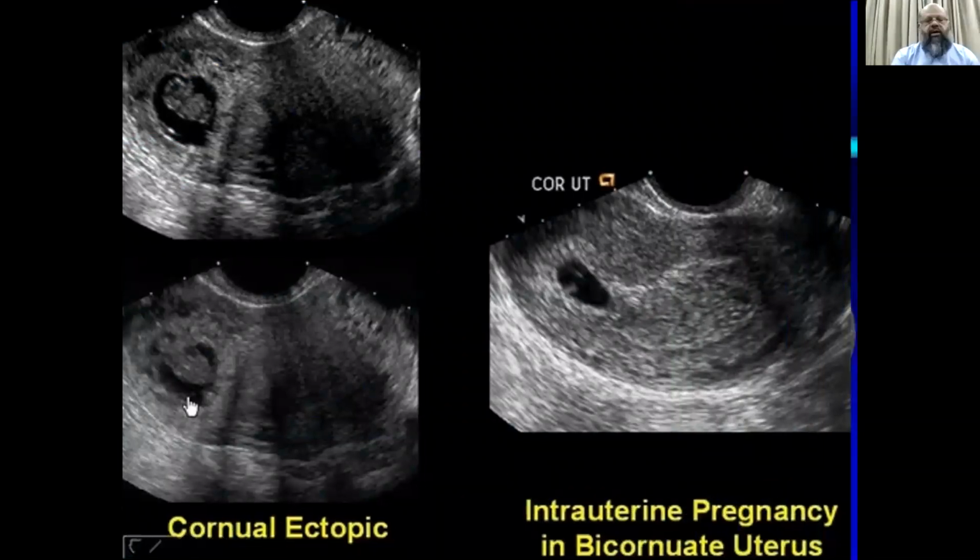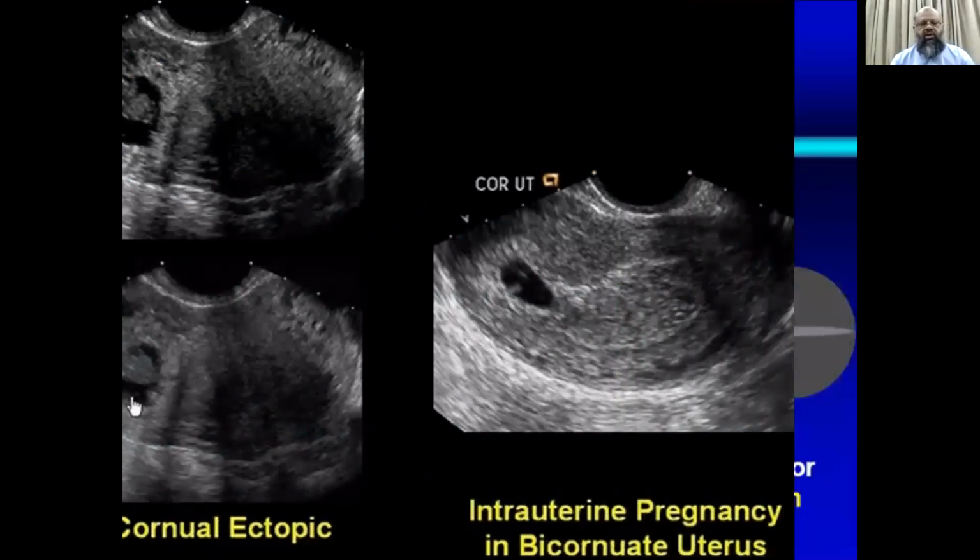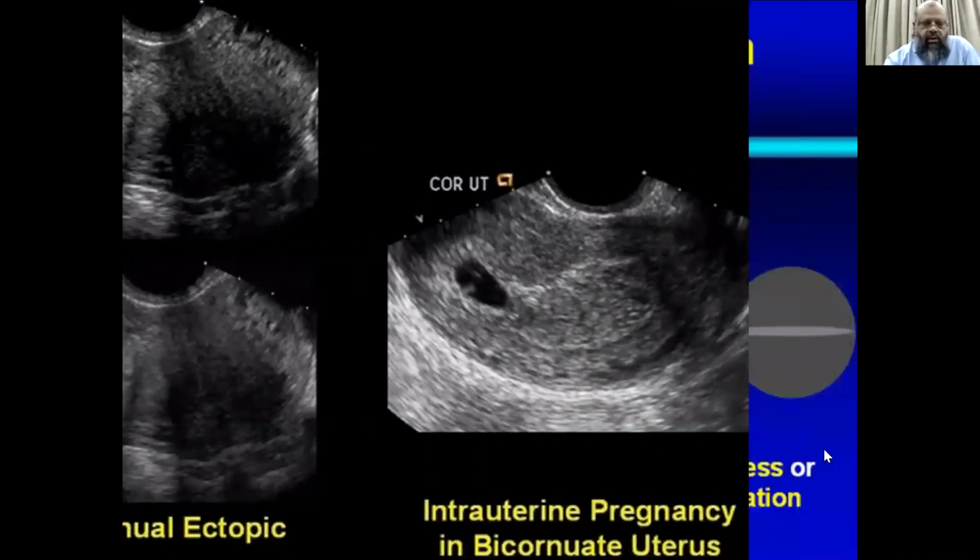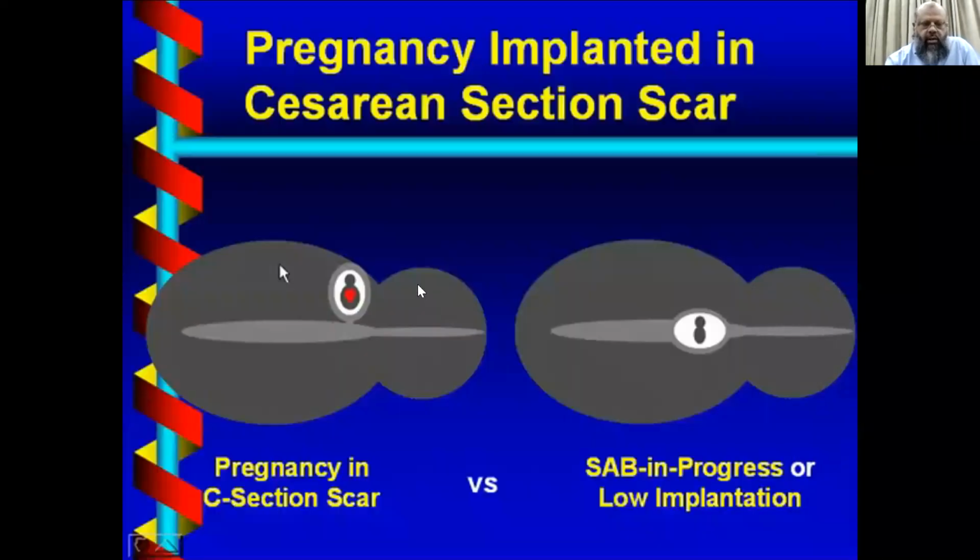Pregnancy implanted in C-section scar. Here is the C-section scar and you can see it is implanted there, versus spontaneous abortion in progress with low implantation near the cervix.